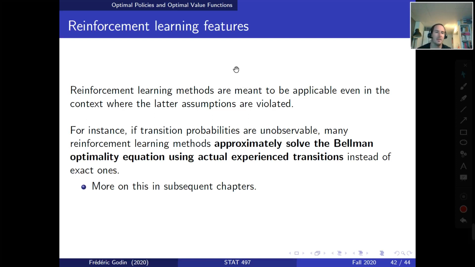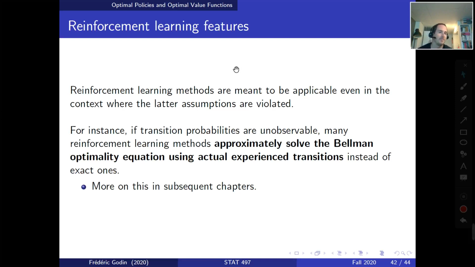The idea here is that the reinforcement learning methods that we will develop or study in the next chapters are meant to be applicable even if the assumptions we just presented are violated. For example, we're going to see that even if transition probabilities are not observed in practice or are unknown, we can still get around that and solve the Bellman equation approximately using actual experienced transitions instead of the exact ones.